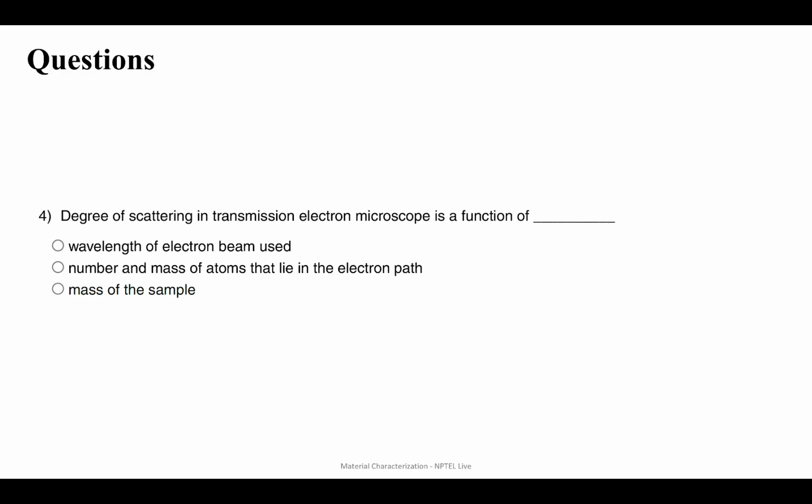Degree of scattering in a transmission electron microscope is a function of dash: wavelength of electron beam used, number and mass of atoms that lie in the electron path, or mass of the sample.